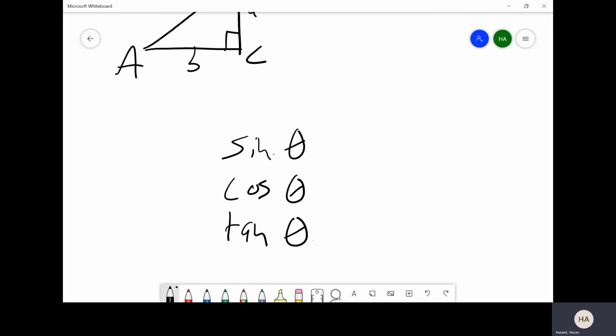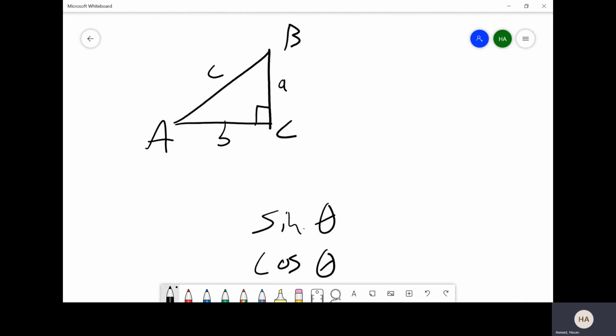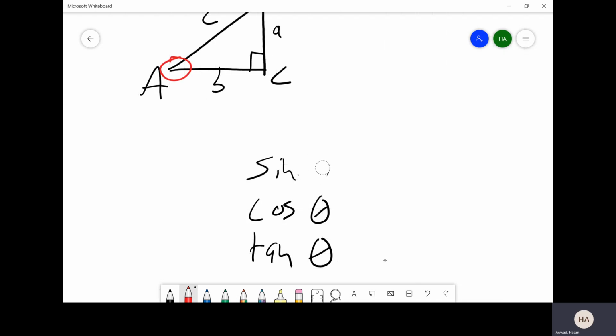Now, we can also replace theta with specific angles. So if we're referencing our right triangle that we just created here, notice we have angle A, which I'm going to circle in red. So angle A. If we wanted to find the sine of A, we would write sine of A, and that's it. It's just as easy as that.